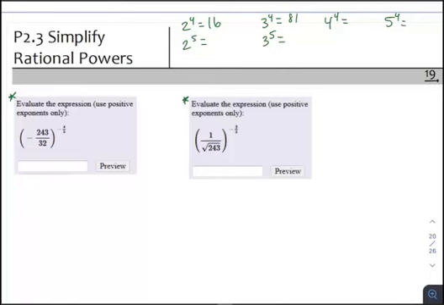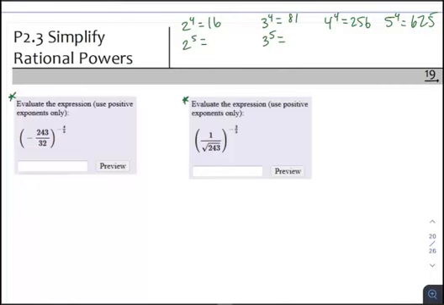Now 4 to the 4th is 16 squared. Again, not the easiest thing, but you could just write it out by hand if you needed to, and if you don't remember, that would be 256. And 5 to the 4th, same thing. 5 squared squared, so 25 squared, or you can write that out and multiply it by hand, but it's 625.